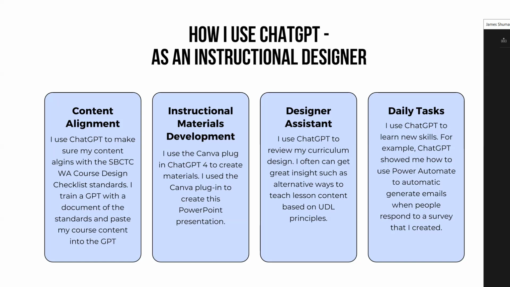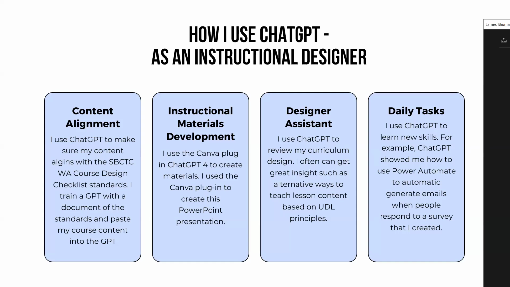For example, in ChatGPT 4, you can create your own GPT, and this will allow you to take the standards, for example, a document or the content of a website, and use those as the basis for what the GPT is trained on. While doing that, I can put in my content, and then the GPT will tell me whether my content aligns with the standards or not.